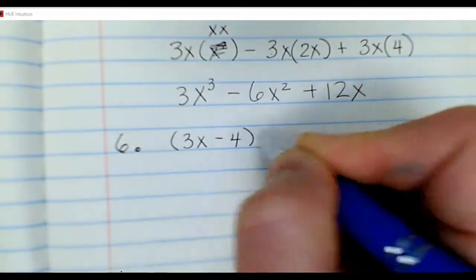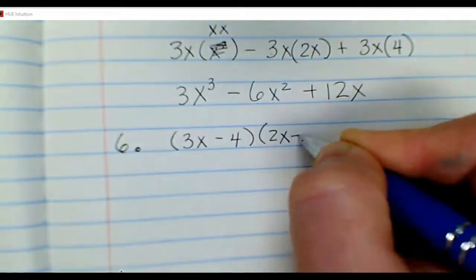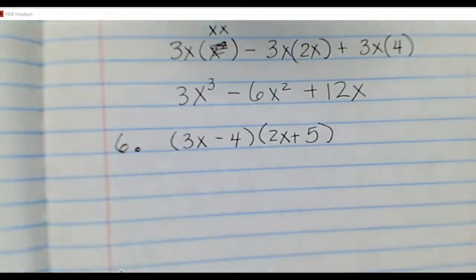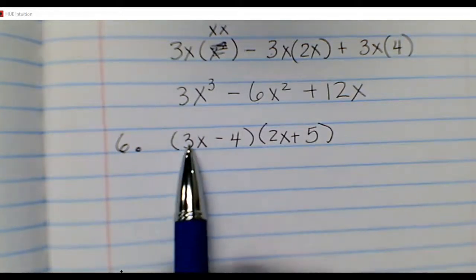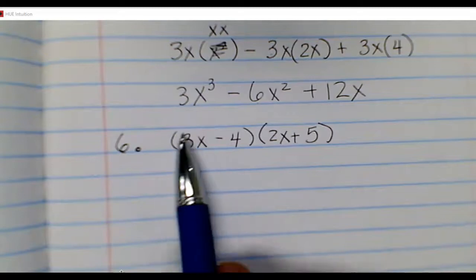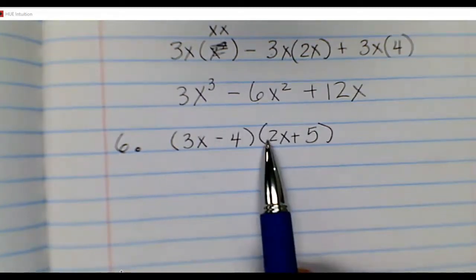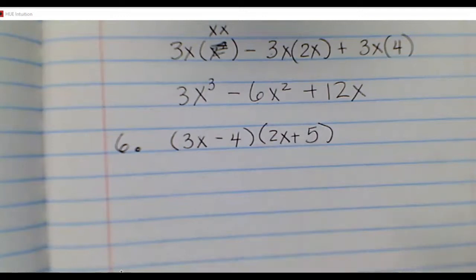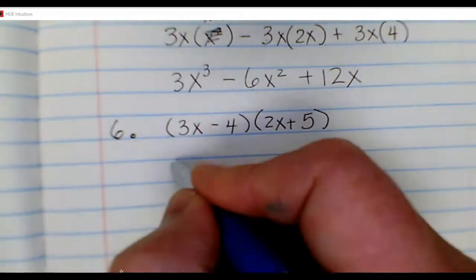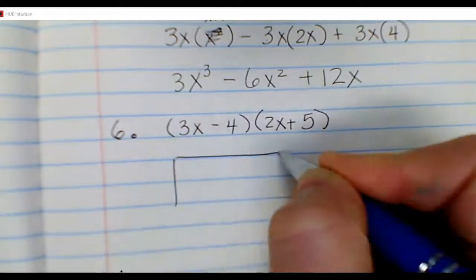And then we step it up a little bit more. This is a binomial times a binomial, but why is this a little bit harder than the first 4? Is this just a simple x here? This just has a 3x. This has a 2x. It really is about the same difficulty if you are using the box problem.